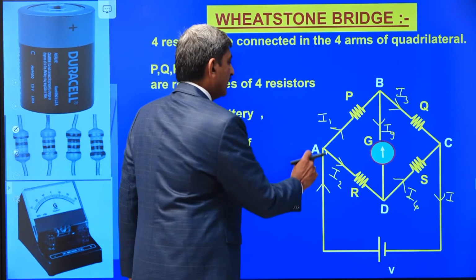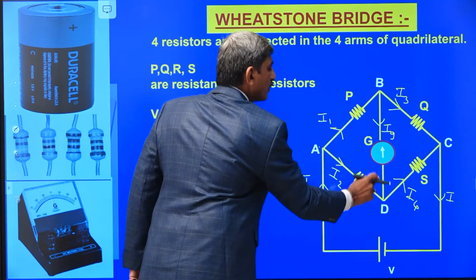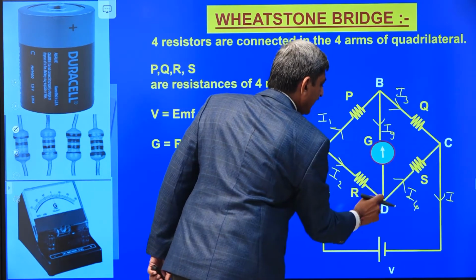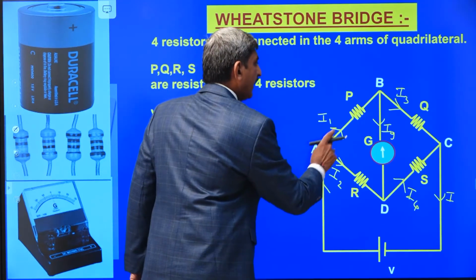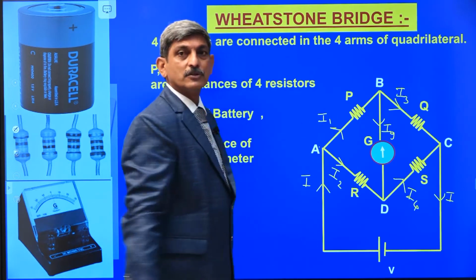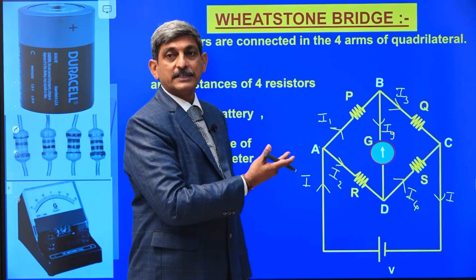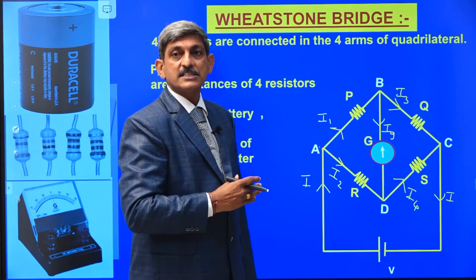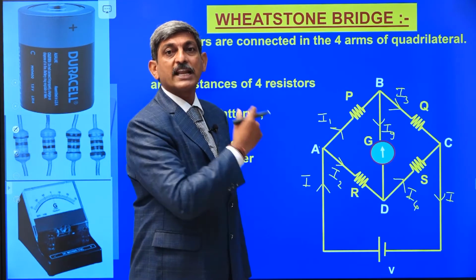Yes. Here A, B, D, A is a closed loop. B, C, D, B is another closed loop. A, B, C, D, A is another closed loop. That's why in that electrical network there are different junctions and different loops. For those junctions and loops, we are going to apply the Kirchhoff laws to analyze the electrical network.